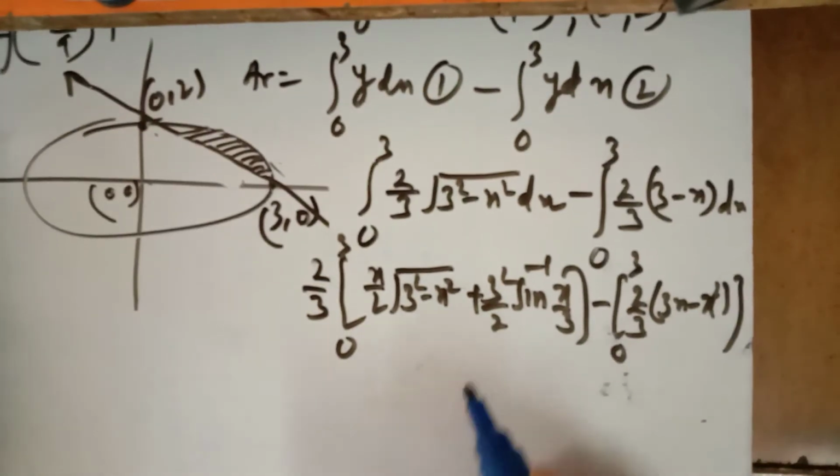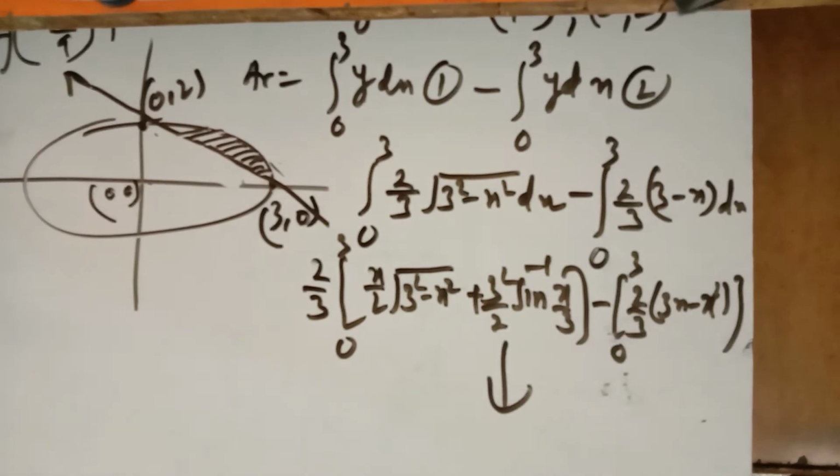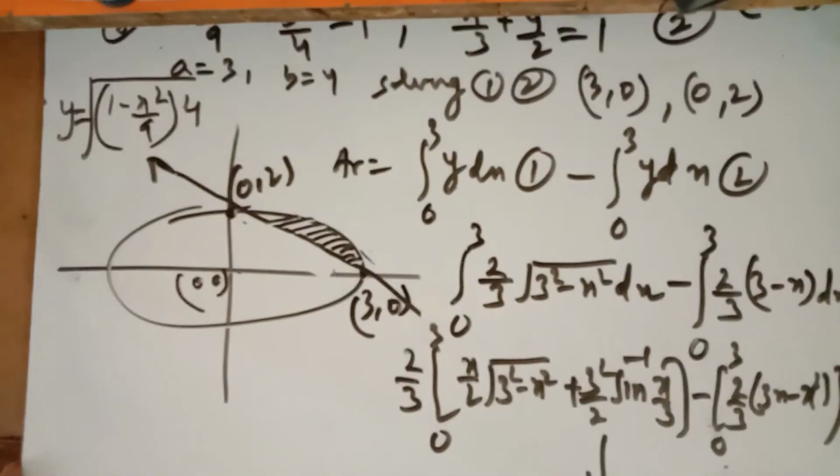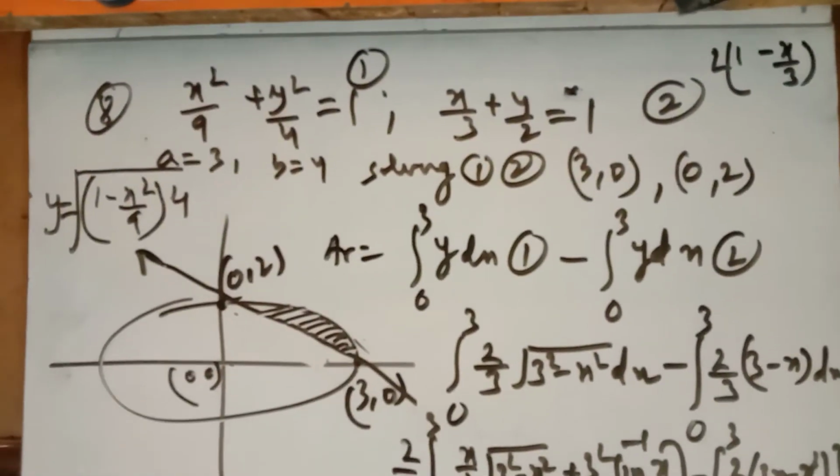So as usual, upper limit minus lower limit, when you do it in both the integrals, you'll get the area bounded by these two curves as 3 pi by 2 minus 1 square units. So this is the area bounded by these two curves.